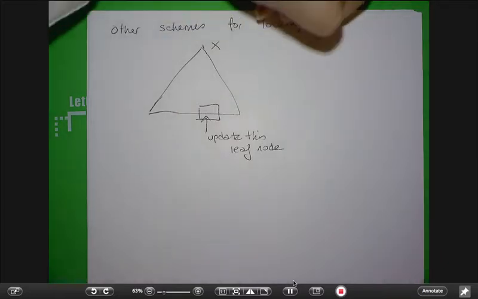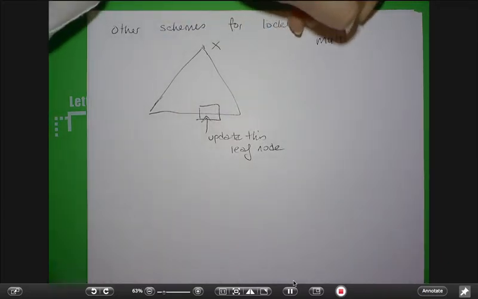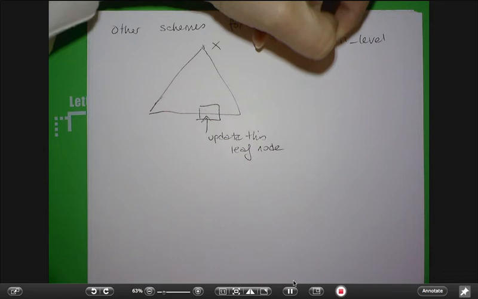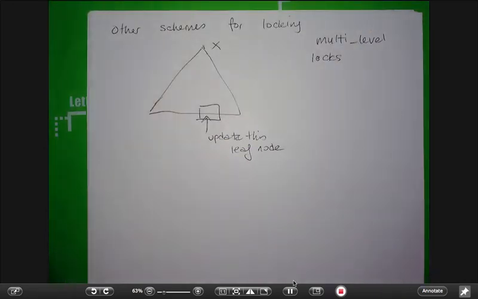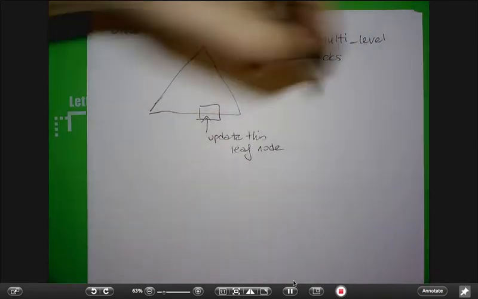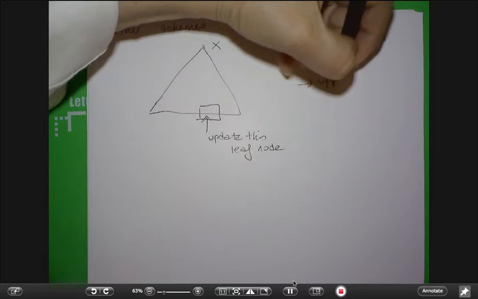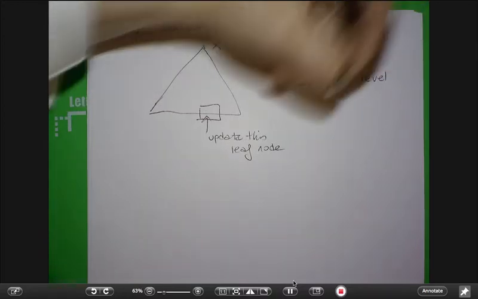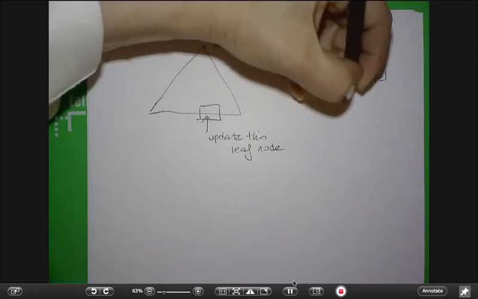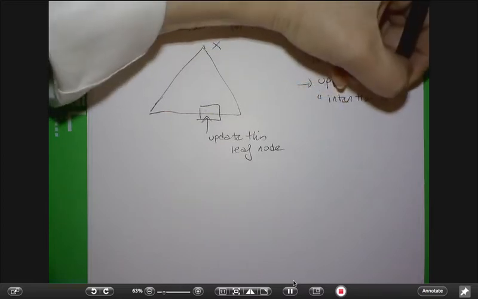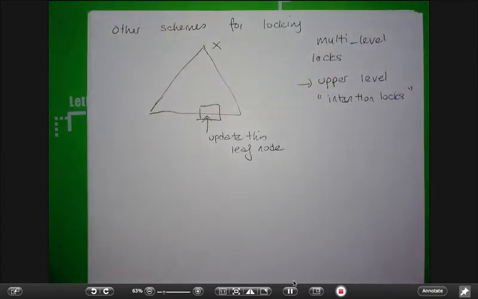So basically, you have in the higher level of the index intention locks. It's like the mother and father asking, what is your intention to my index? So are you going to be reading my index or writing or doing some combination of both?